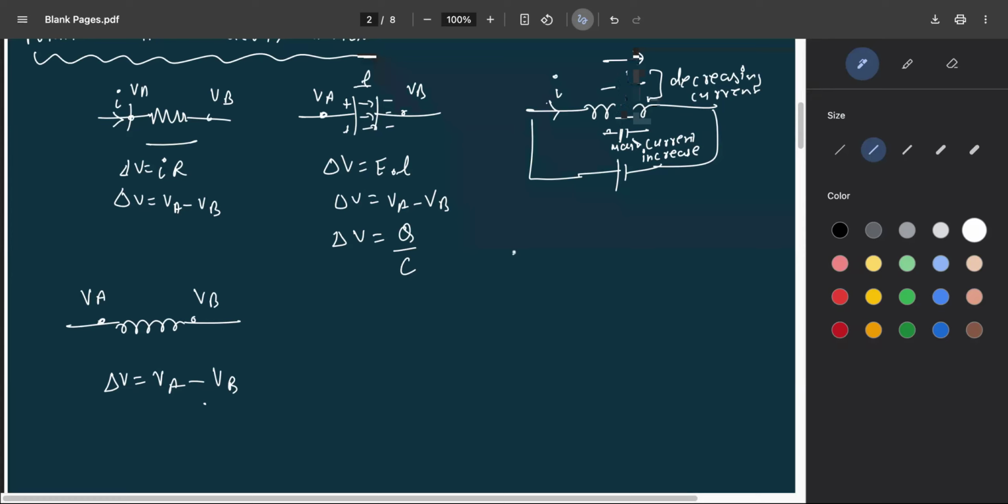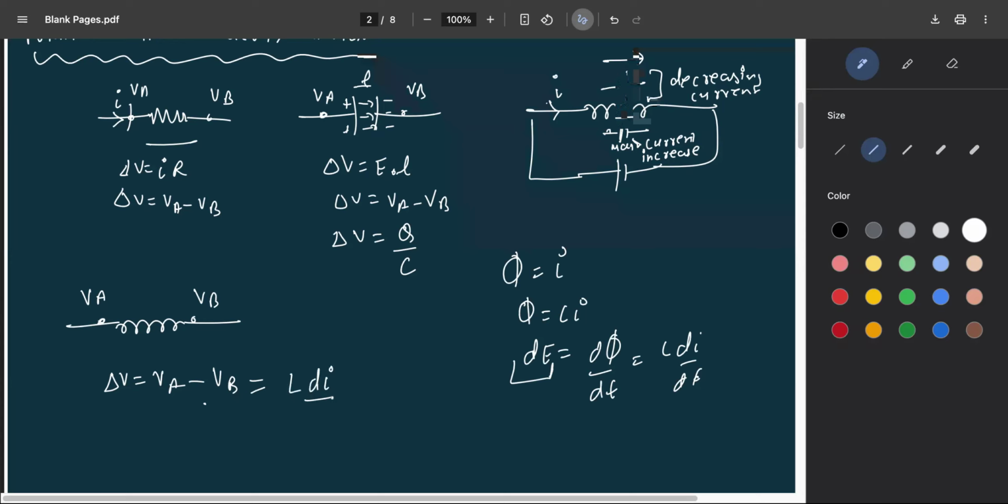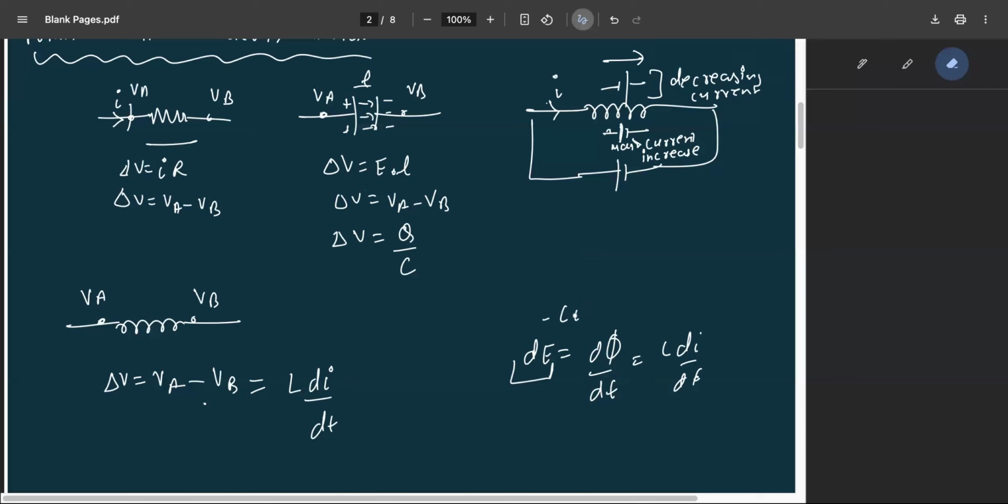You know flux change; flux is directly proportional to I, so we said flux is Li. It means EMF is nothing but d phi by dt. Can I say this? Can I say that this extra EMF is because of this change in current?